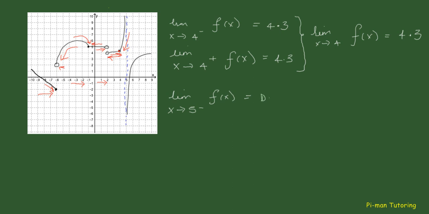So there is no limit there. Similarly, if we were coming from the positive direction, we'd be heading off towards negative infinity. So that doesn't exist either. And therefore the limit as x approaches 5 does not exist. So that gives you a flavor of the different types of behavior of a function and the resulting limits of that function as we approach certain values.